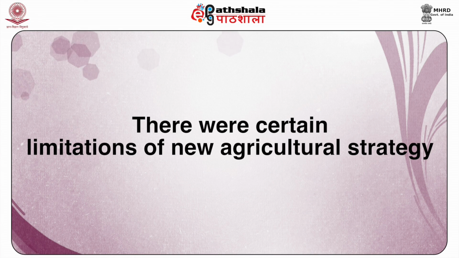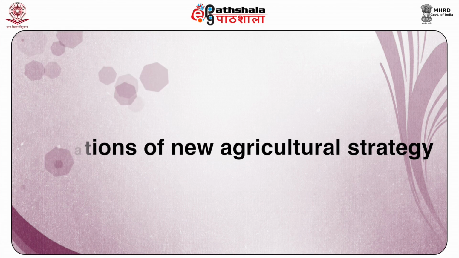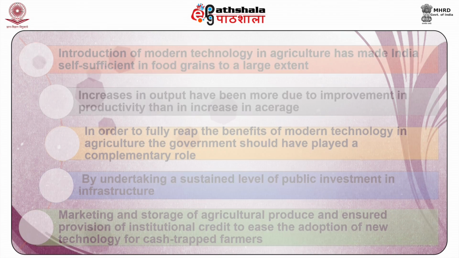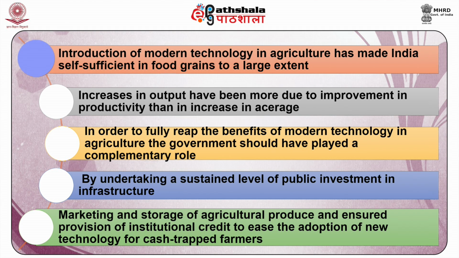There were certain limitations of the new agricultural strategy. Introduction of modern technology in agriculture has made India self-sufficient in food grains to a larger extent. Increase in the output has been more due to the improvement in productivity than in the increase in acreage.